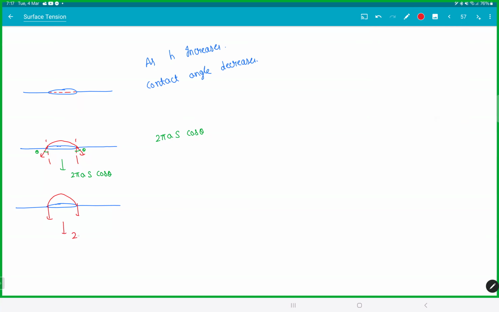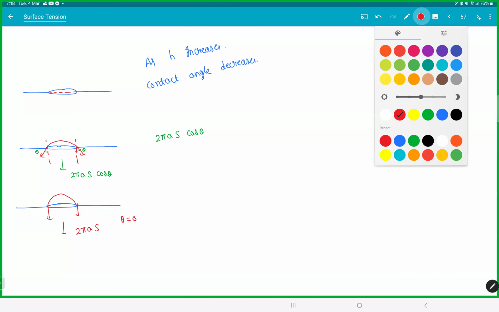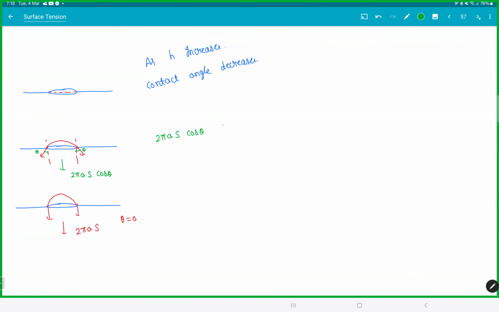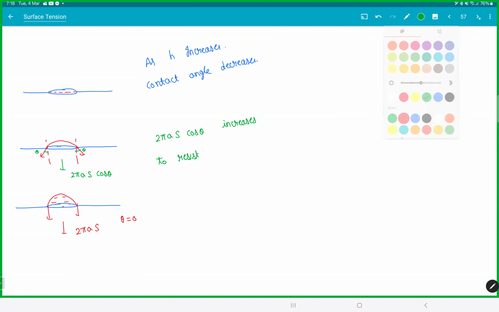This will be the maximum force, 2 pi a s cos theta, where theta becomes 0. Is that making sense? The only thing that you can change is theta, so 2 pi a s cos theta increases to resist the liquid. As you push more and more, the surface will bend, bend, bend, and eventually it will become a perfect hemisphere. If you push anything more than this, the bubble will pop.